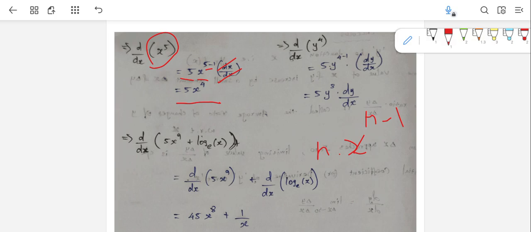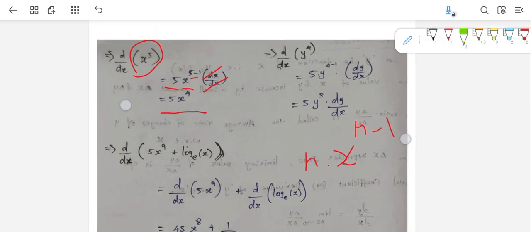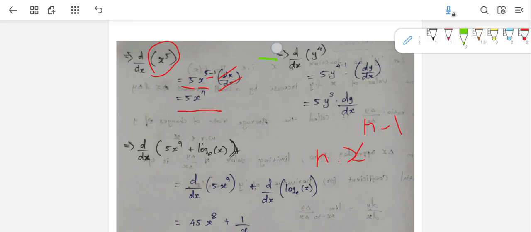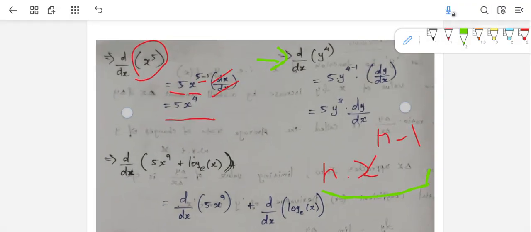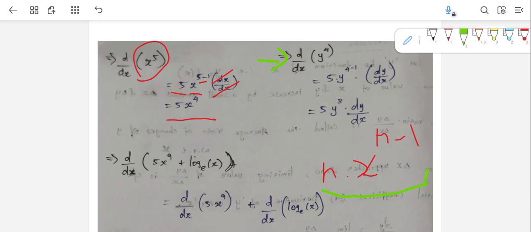That's it. But see this question. Here you have y power 4, right? As I told, the same formula you can write. Sorry guys, this is 4.